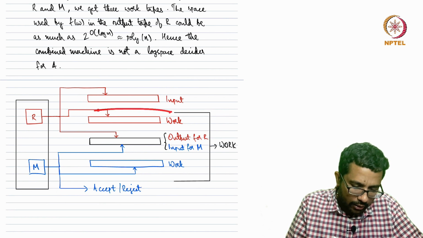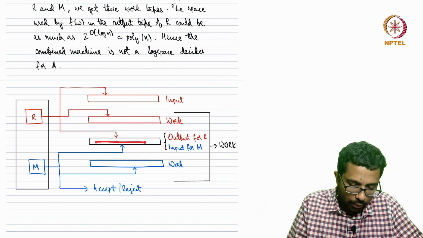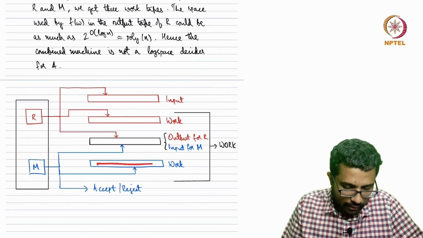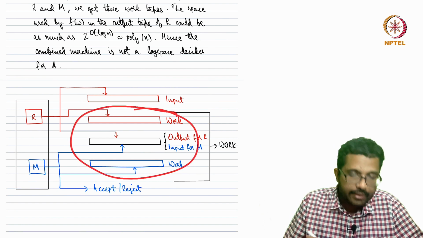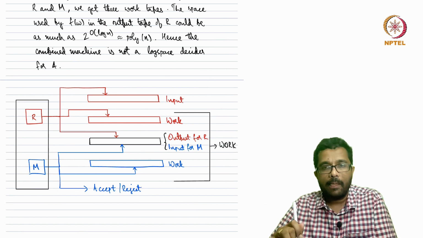The work is done in all of these three tapes: the work tape of R, the output tape of R, which is input for M, and the work tape of M. So now the work tape of this combined machine takes all of the space, right?